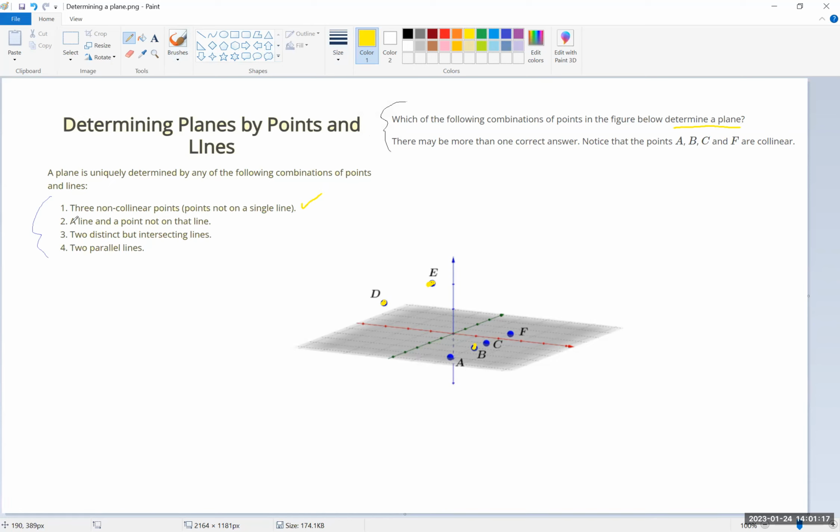And then the second one, it says a line and a point not on the line. So let's use a different color. Notice this line here that runs through A, B, C, and D. So it could be that, and maybe let's pick another point that's on this gray plane.